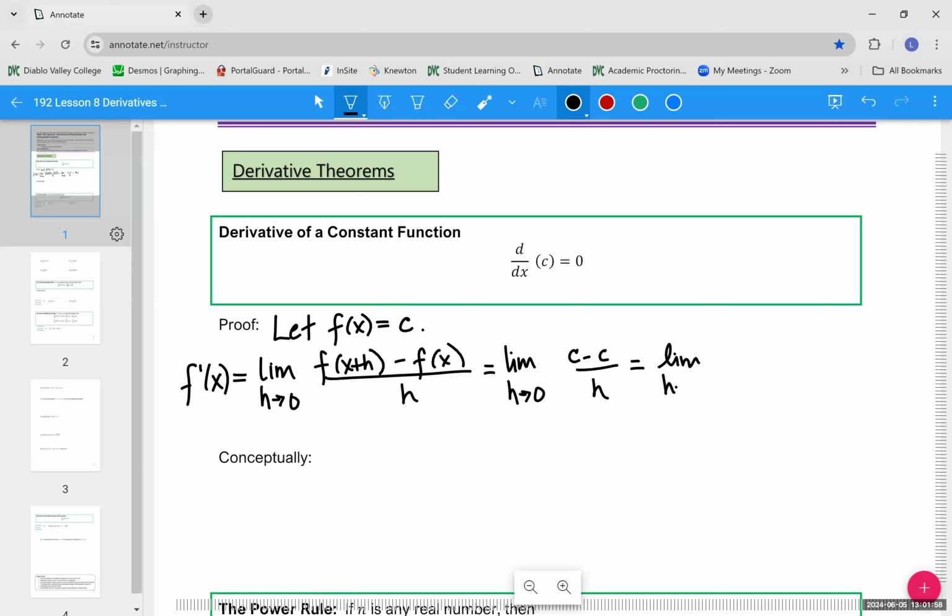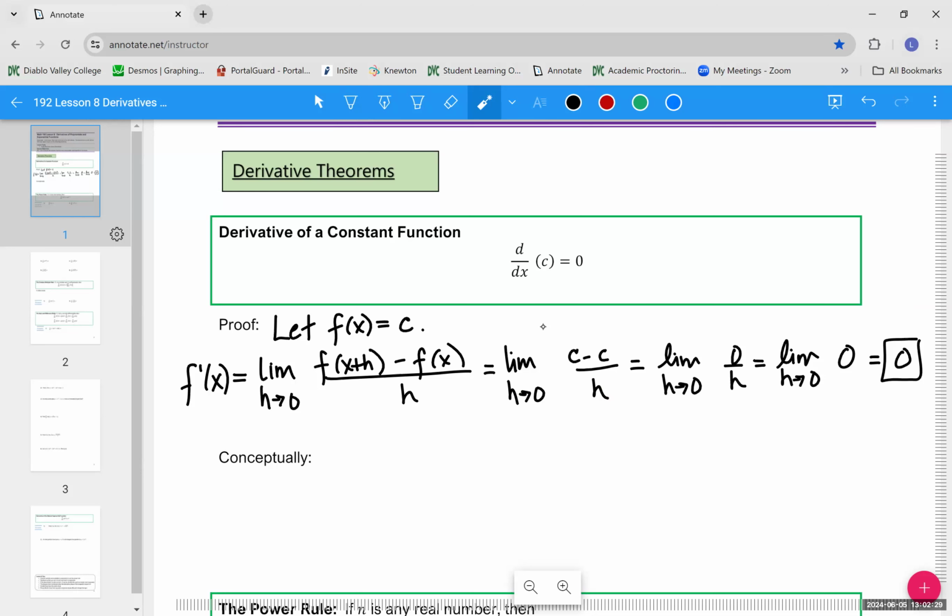Now, I haven't plugged in h equals 0, but I end up with a limit of a constant. And as we know, that would just be equal to 0. Okay, so it is different. This isn't a 0 over 0 scenario because c minus c is just 0. We're not plugging h into that. So we have 0 over something, which is just 0.